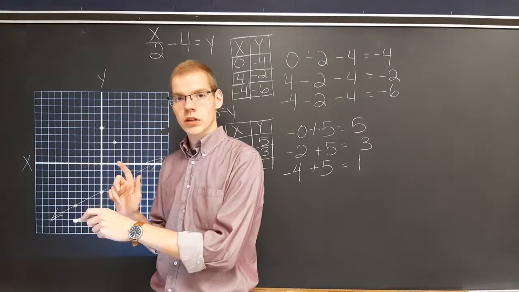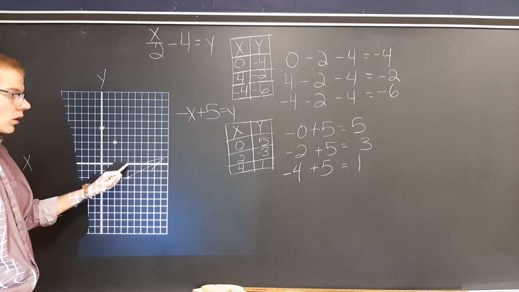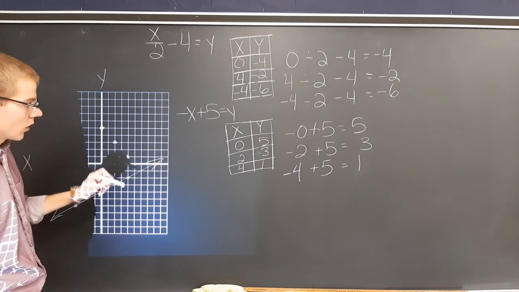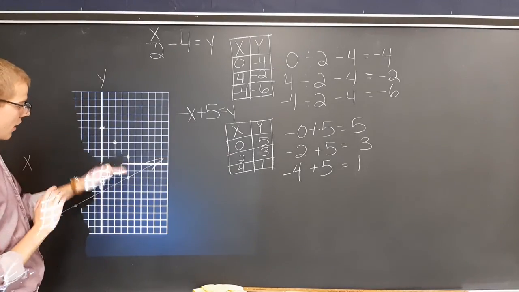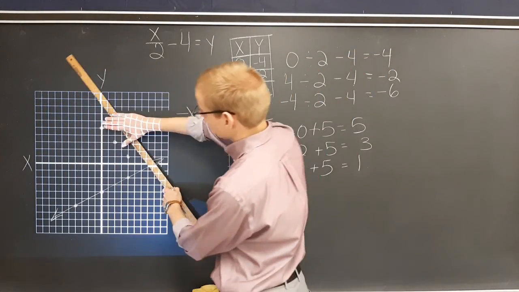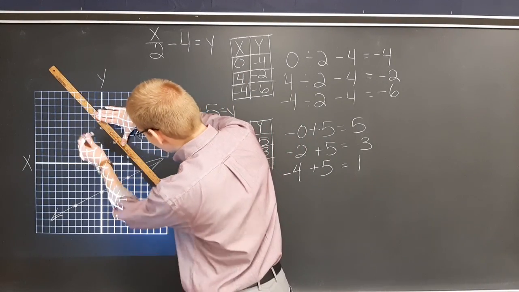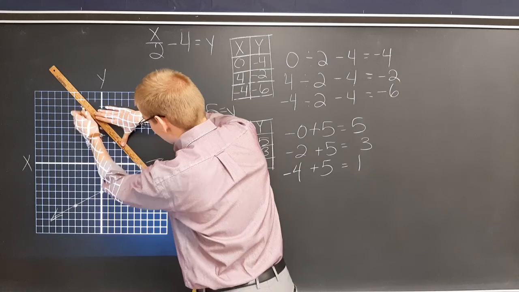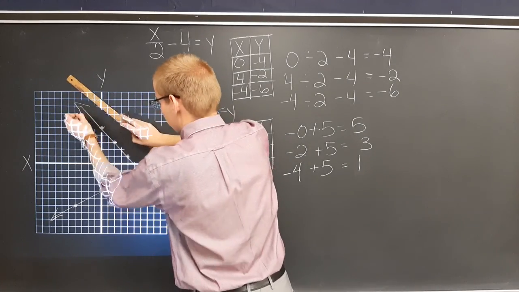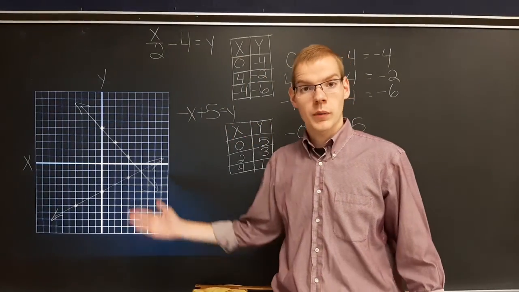I hope you can see if I'm standing here in the center. 4 and 1. So that is now graphed right there, and we'll draw a line through them. Yep, that works. There we go. And there we have it.